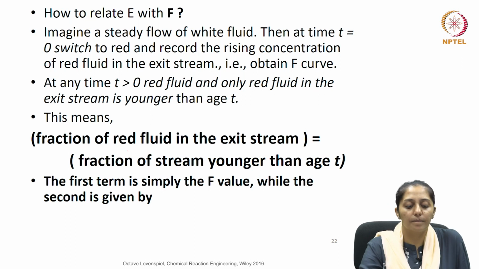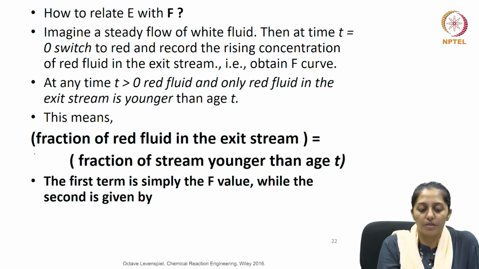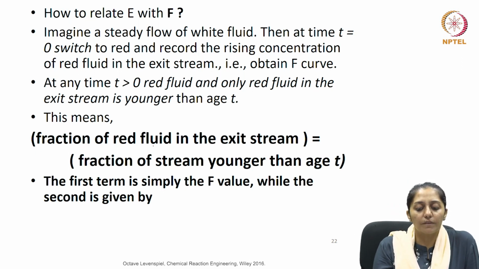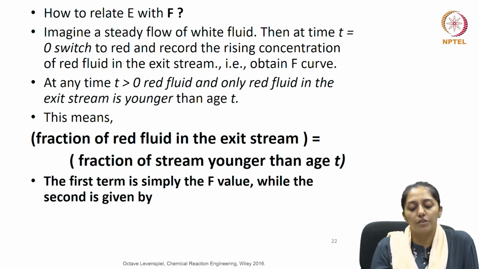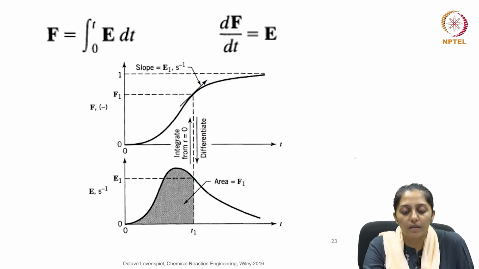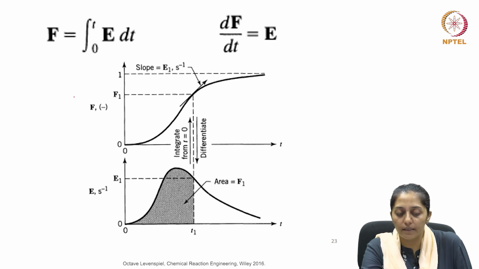This means that, as you see on the screen, the fraction of the red fluid in the exit stream is equal to the fraction of the stream younger than age t. The first term simply means the F value can be given as the integral from 0 to t of E dt, which is F, the fraction younger than time t.